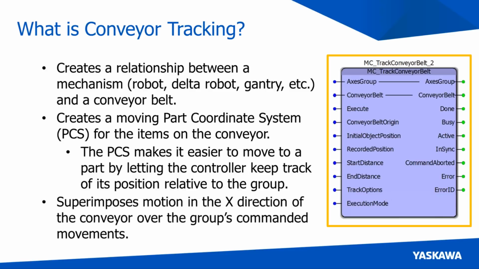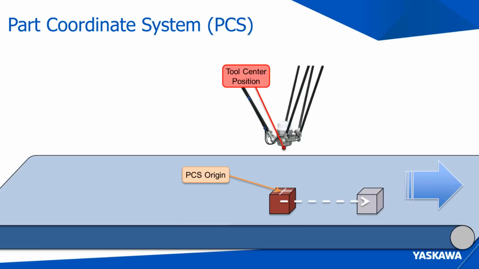So the result is a superimposed motion in the X direction of the conveyor belt over whatever the mechanism's commanded movements already were. Let me give you an example of that. Let's say this is our situation. I have a part, that's the red box, on a conveyor belt. The conveyor belt's moving from left to right. I also have a delta robot, and it needs to track that part.